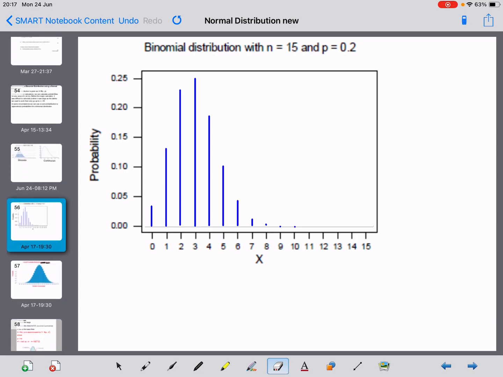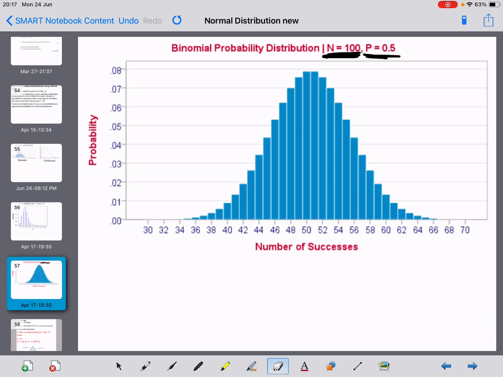If I show you another one, here's another probability distribution. Okay, this is still binomial, so it's still discrete data. This time we've got n is 100 and p is 0.5.